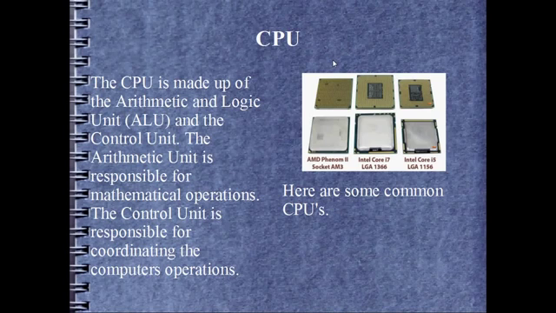It's made of the arithmetic and logic unit, which is the ALU, and the control unit. The ALU does all the math, and the control unit controls all the computer's operations.